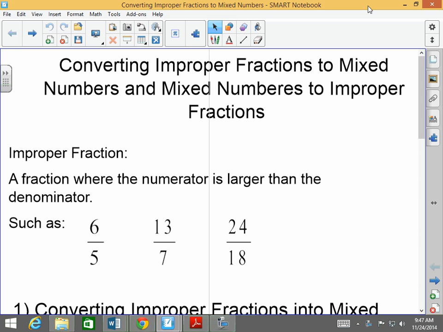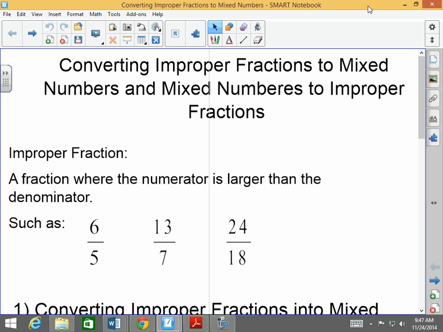When we're adding and subtracting fractions, this could be helpful, not necessary, but when we're multiplying and dividing mixed numbers, you have to be able to convert mixed numbers into improper fractions, because you cannot multiply mixed numbers or divide mixed numbers unless you have converted them to an improper fraction. So this is a skill that you have to really understand.